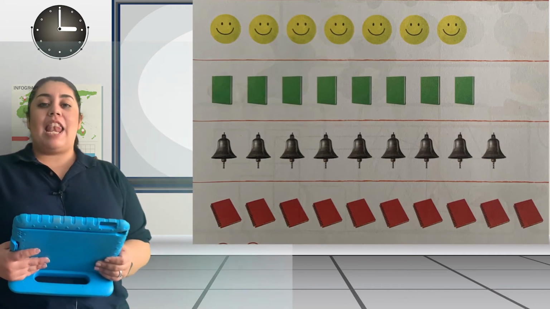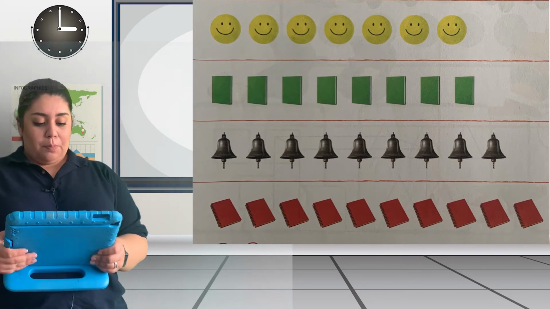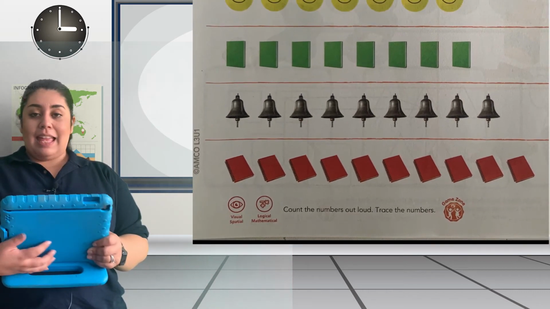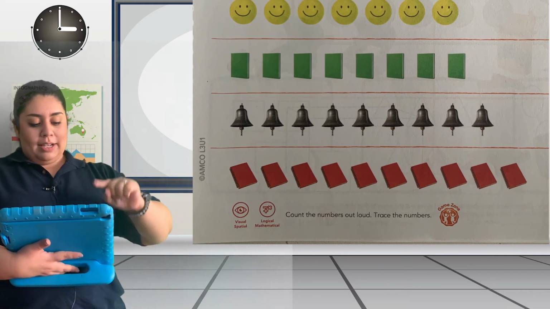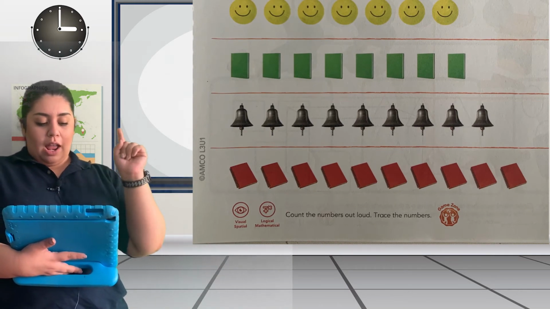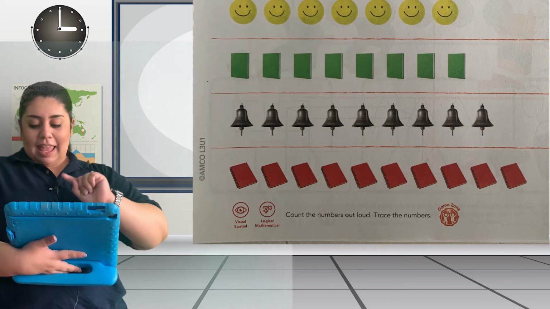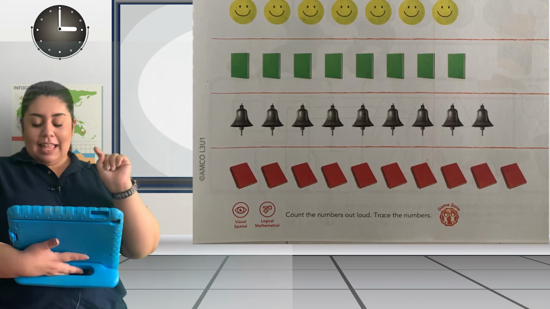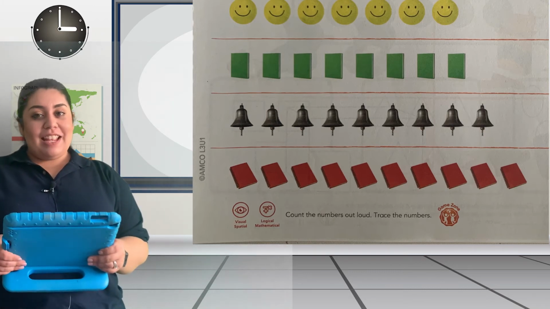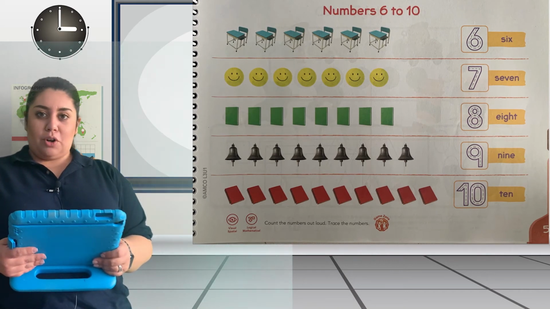Let's trace number 9. And then for the books, we have 10. 1, 2, 3, 4, 5, 6, 7, 8, 9, 10. Great! We have 10 notebooks or books.